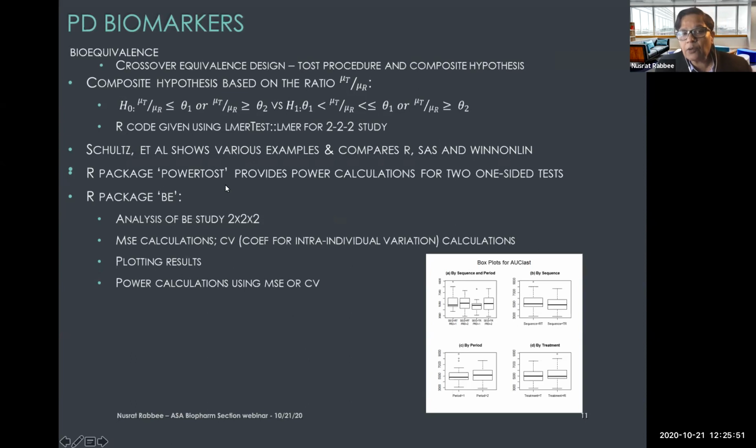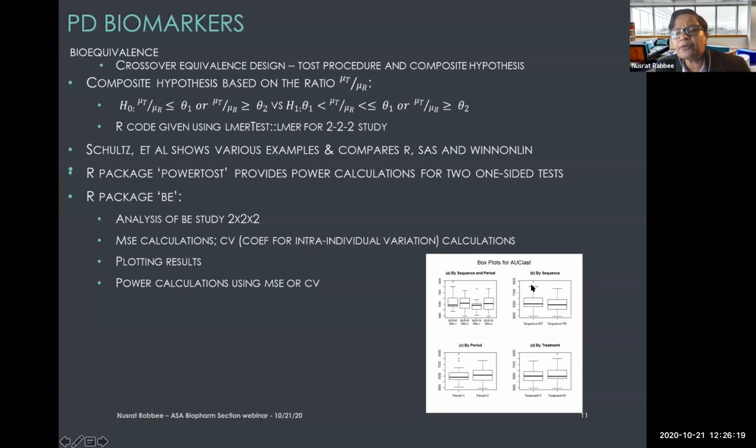The R package PowerTOST provides power calculations, and the R package BE will not only analyze the data, but will do the MSE calculation. MSE calculations are also going to be important. That comes out automatically with that package, and I show how to do that, as well as certain box plots of AUC.